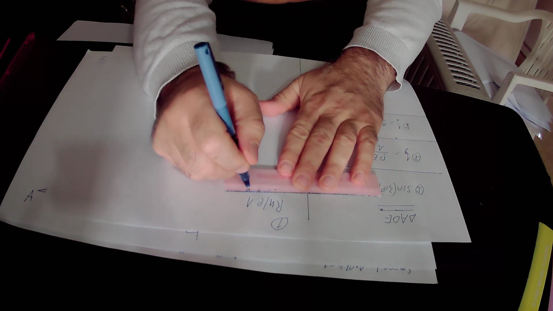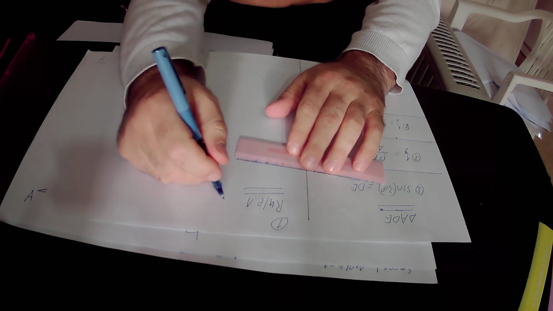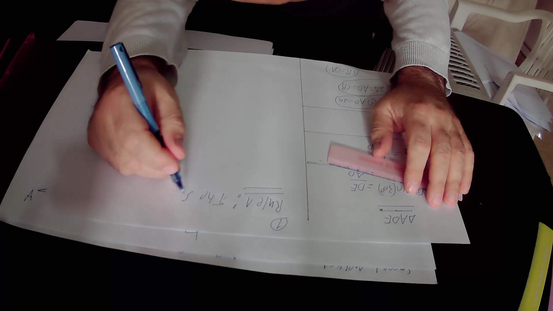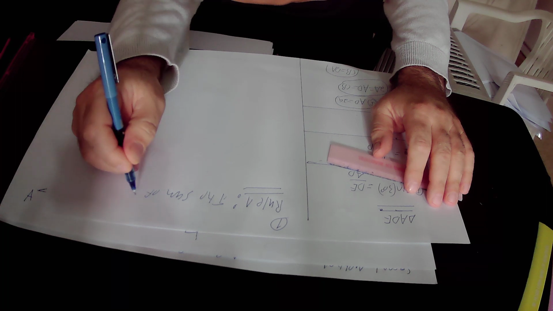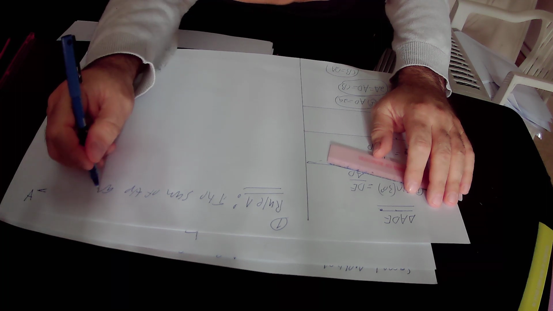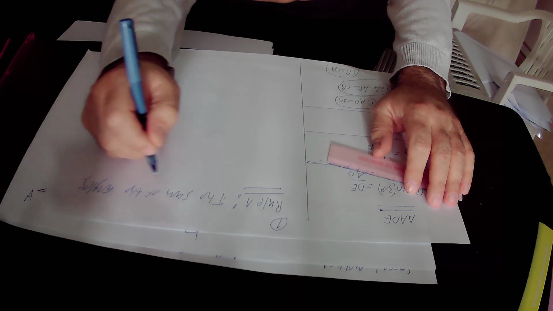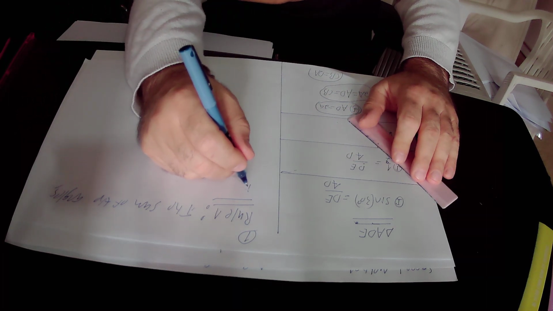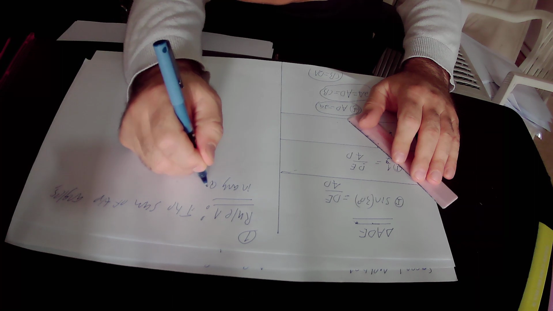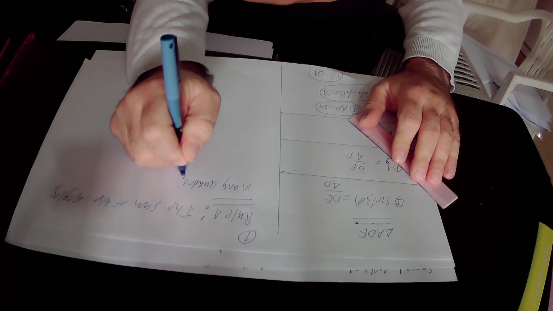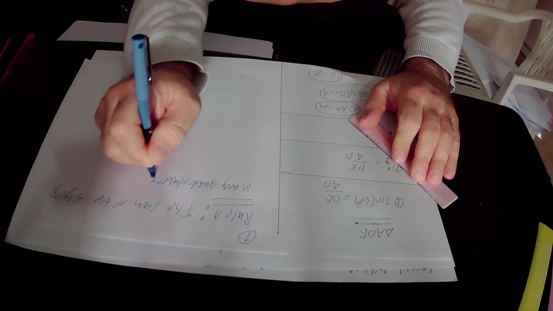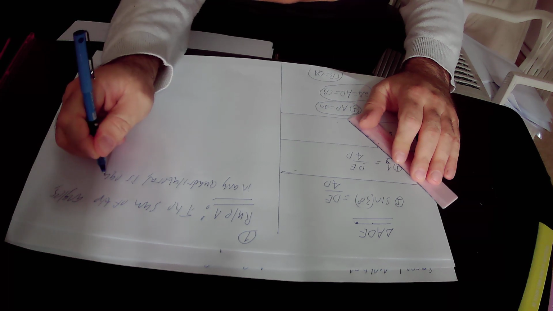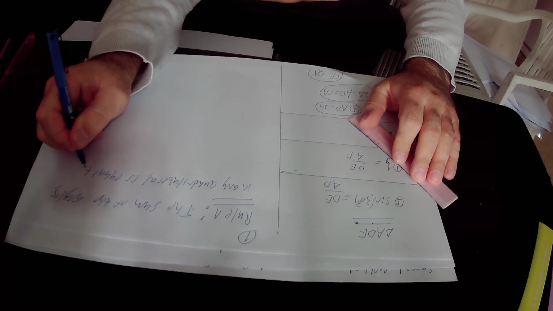According to rule number 1, the sum of the angles in any quadrilateral is equal to 360 degrees.